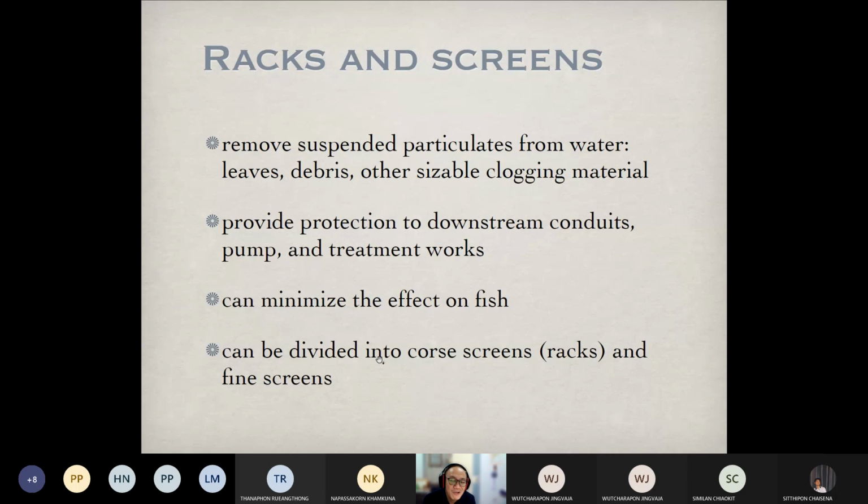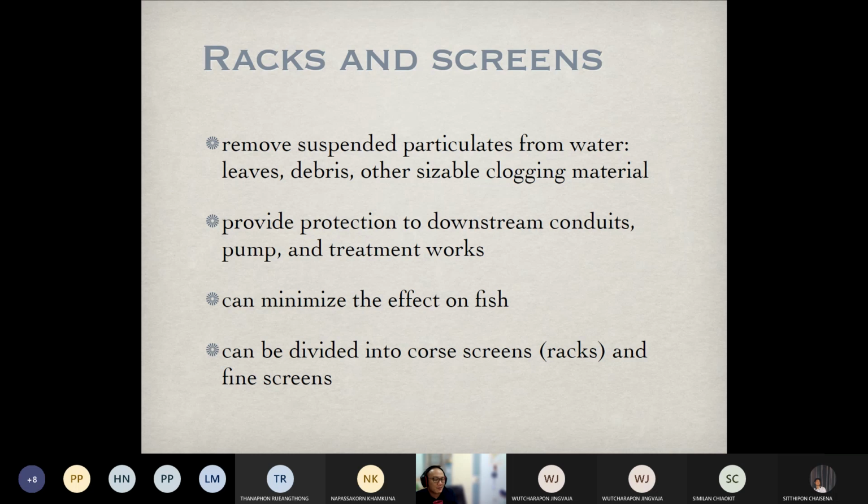Okay, now for the intake facilities. The very first unit operation, which is part of the intake facilities, is the rack and the screen. The purpose of using a rack and a screen is to remove the suspended particulate matters from water. So we need to install a rack and screen.